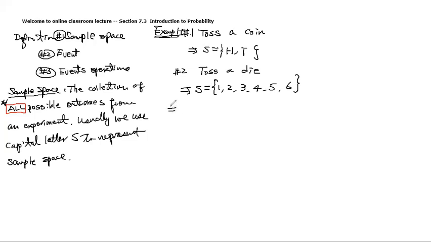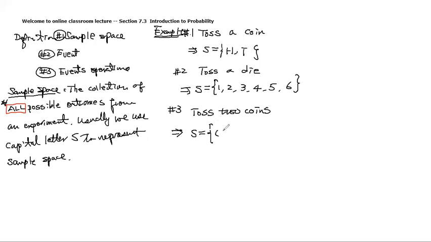Let's get a little more complicated. Instead of one coin, right now I toss 2 coins. Each one can be a head or a tail. So my sample space will have paired data.